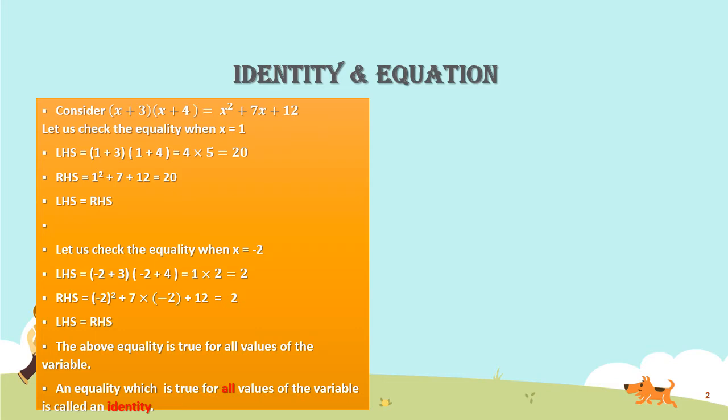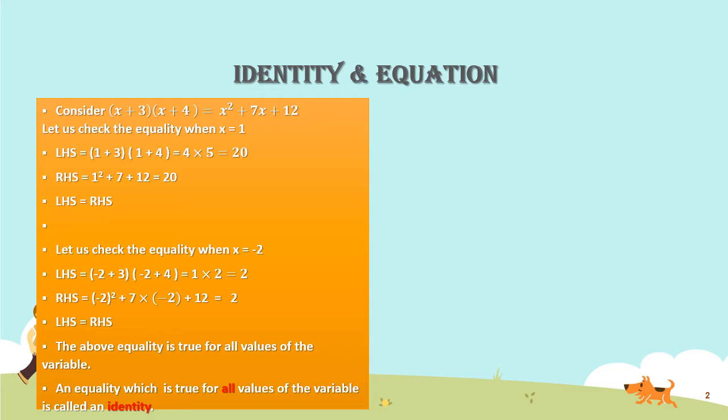Such an equality which is true for all values of the variable is called an identity. Is it clear, children? So an identity is an equality which is true for all values of the variable.